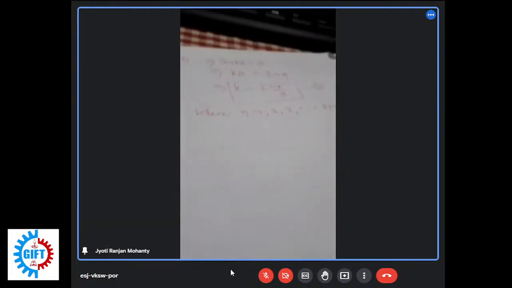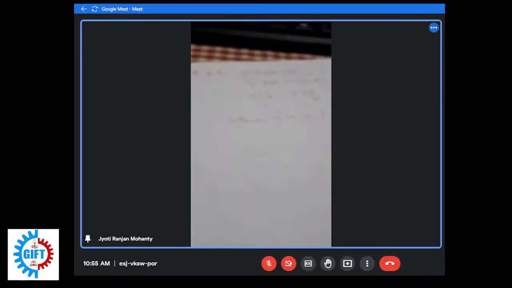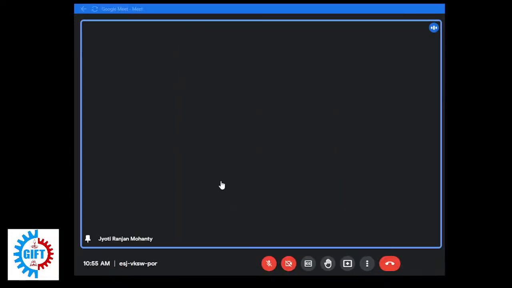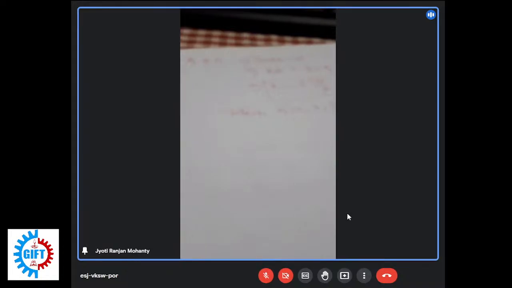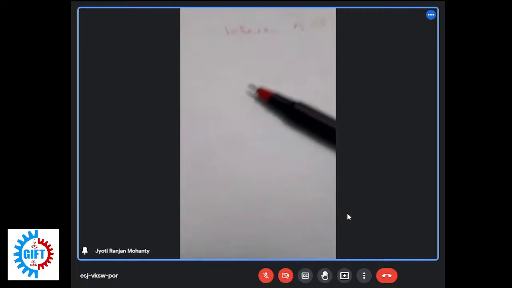Understood? n is equal to 1, 2, 3, except 0, as n equal to 0 makes k equal to 0, and ultimately psi x equal to 0. Write quickly.